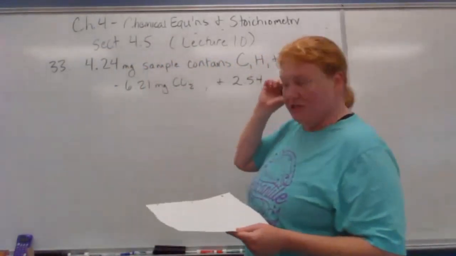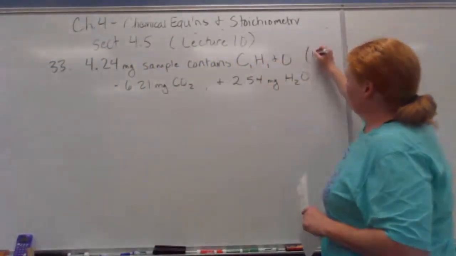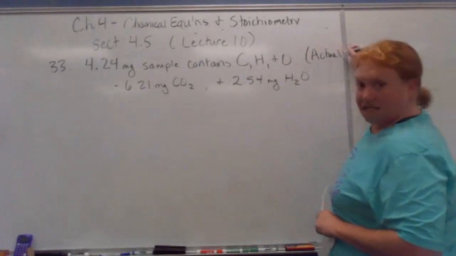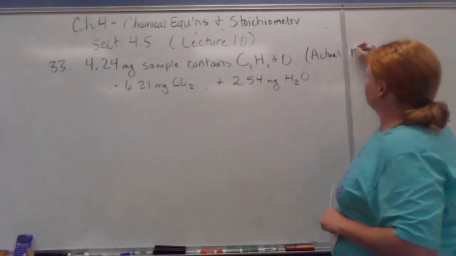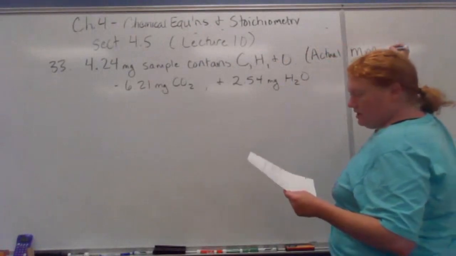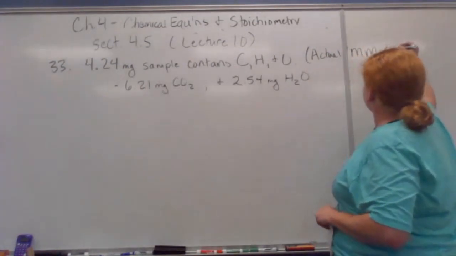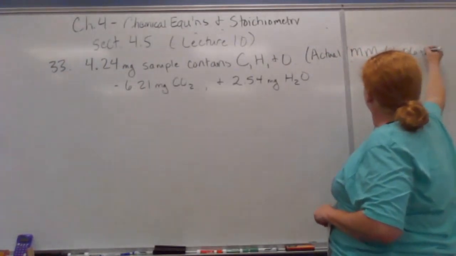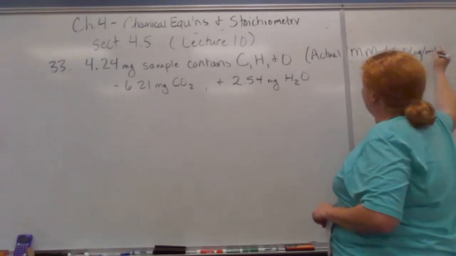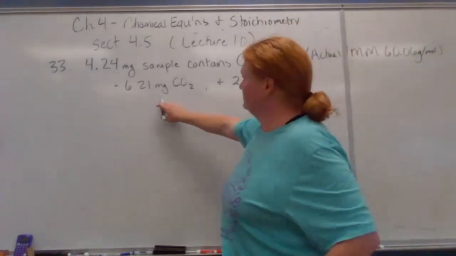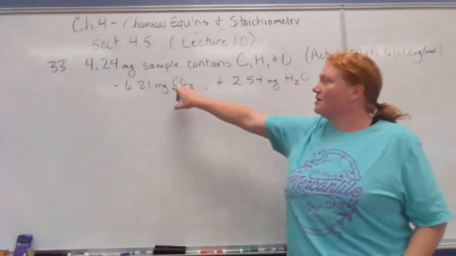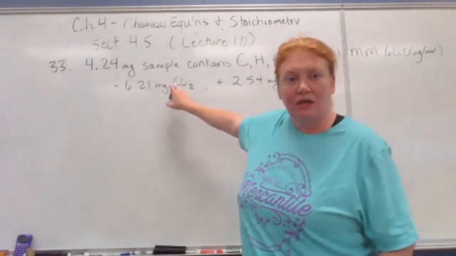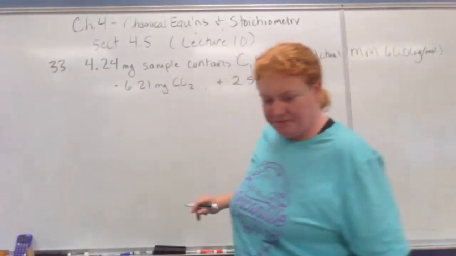I also told you in this problem that the actual molar mass, because we're going to end up finding the molecular formula, of this compound is 60.06 grams per mole. So we're going to take the amount of CO2 and convert it to grams of carbon.